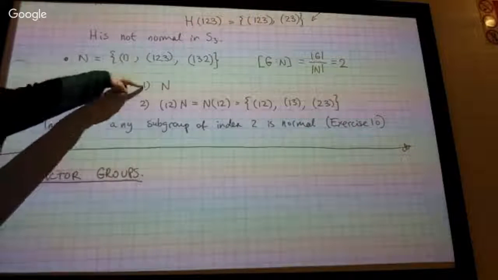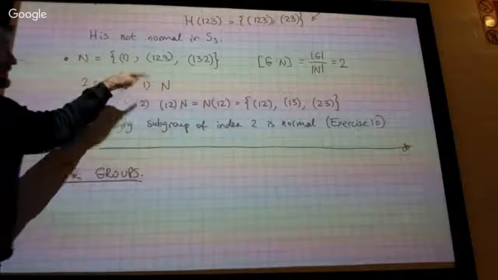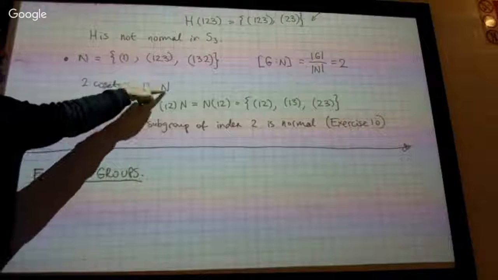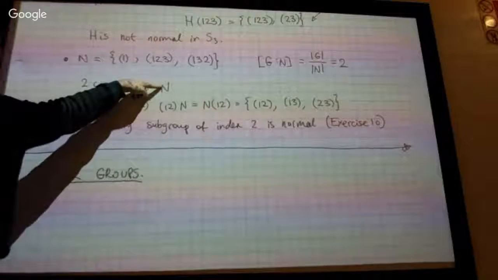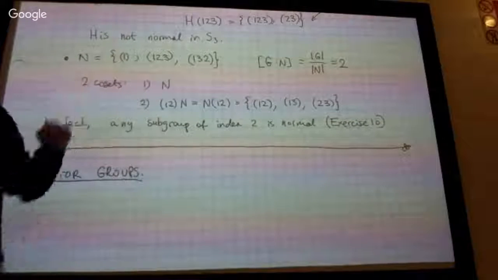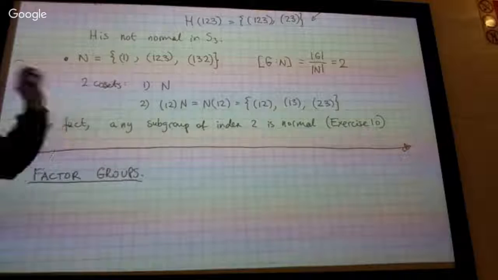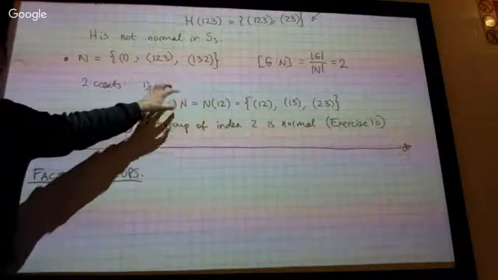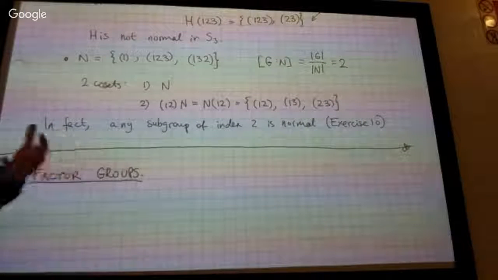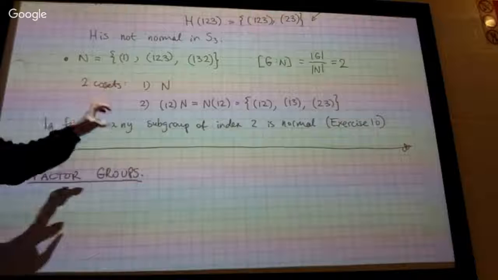We have these 2 cosets here, and this is the identity, so this times this is the identity, this times this is this, this times this is this, and this times this is the identity. That's the only way you can define it. Now the elements of your group are this set and this set. It's not just any odd element, it's a set, a coset.